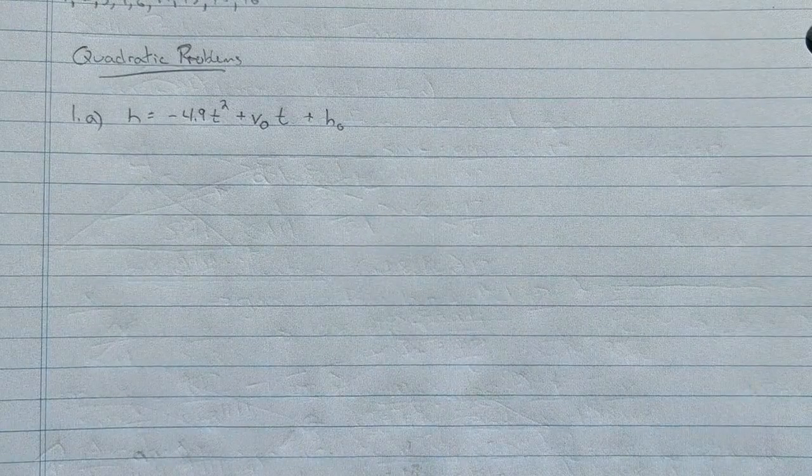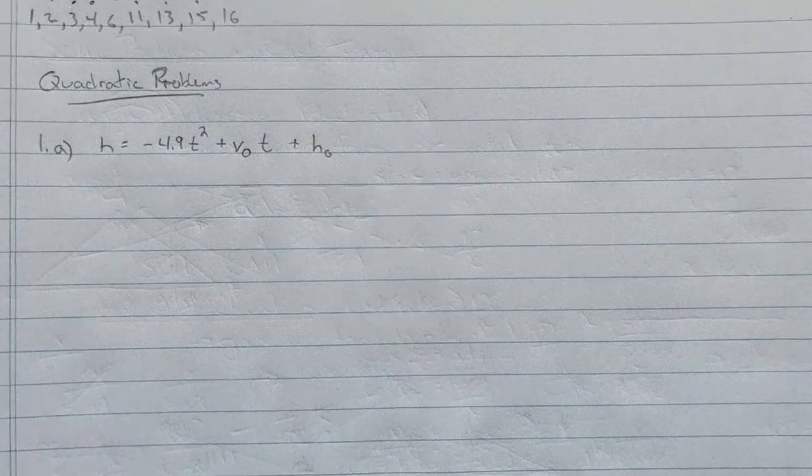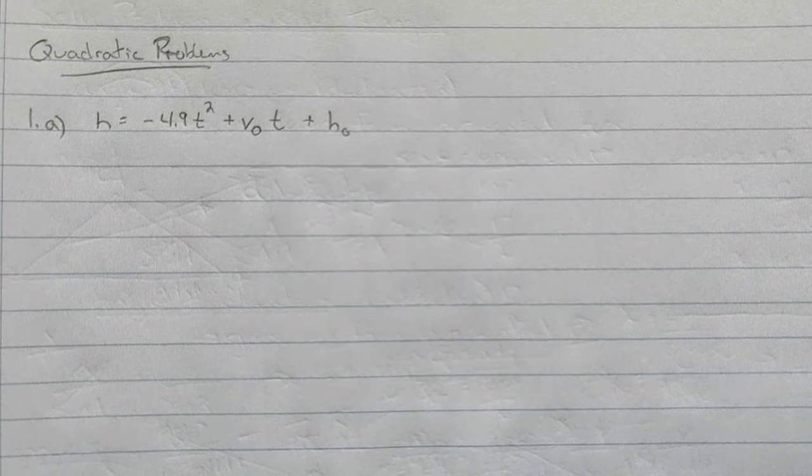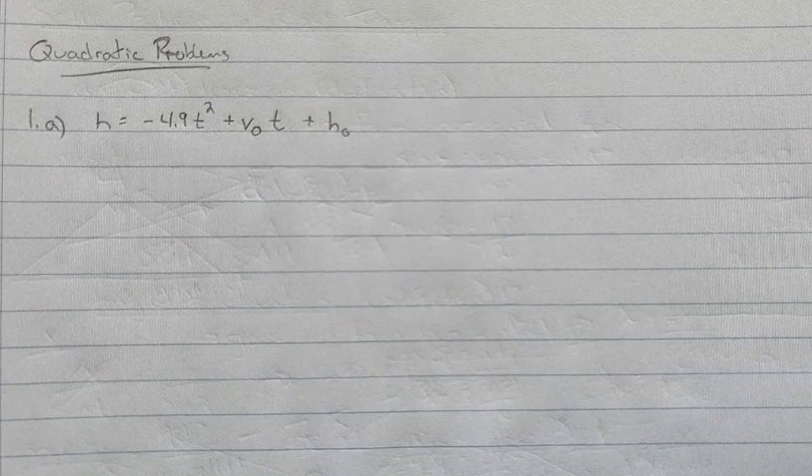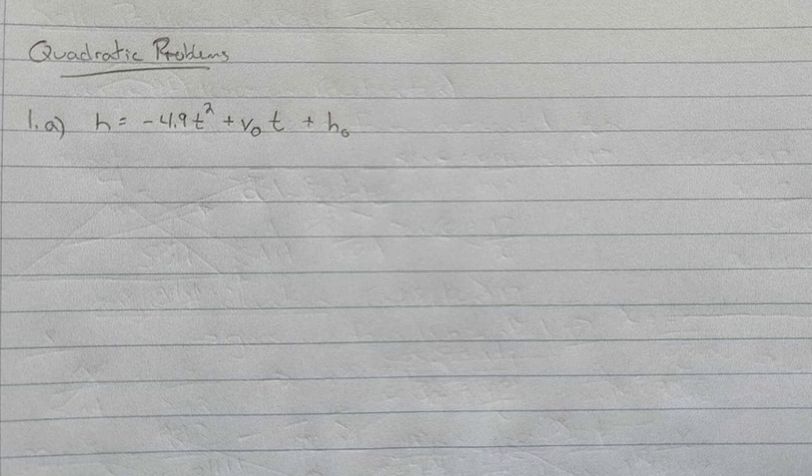So we use that formula as our guiding principle. The negative 4.9 relates to the acceleration due to gravity. Most of the questions we work with are looking at gravity on Earth, so negative 4.9 is the value there, but that's half the acceleration due to gravity in general.